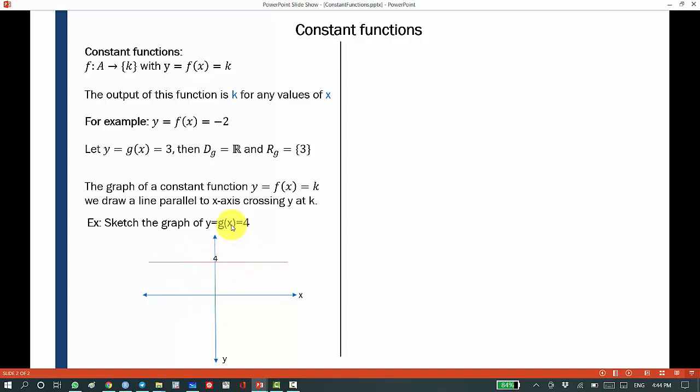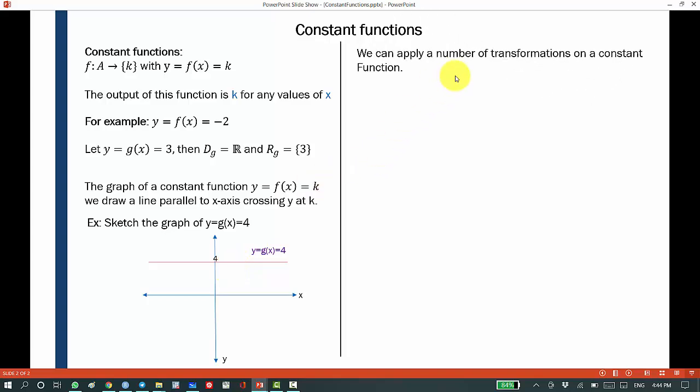If you look at this graph, you see that as we change x from minus infinity to plus infinity, y remains constant, which is 4.